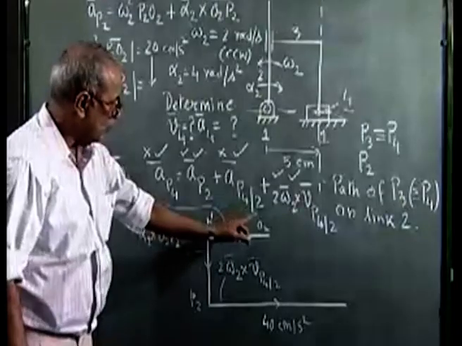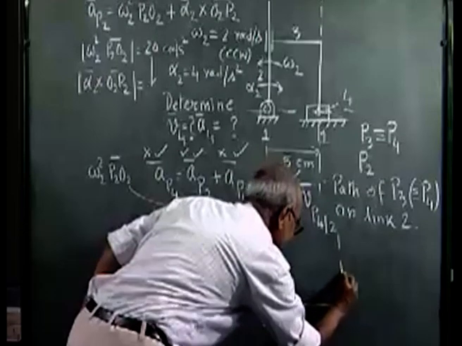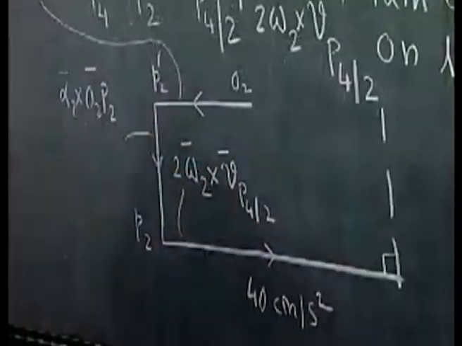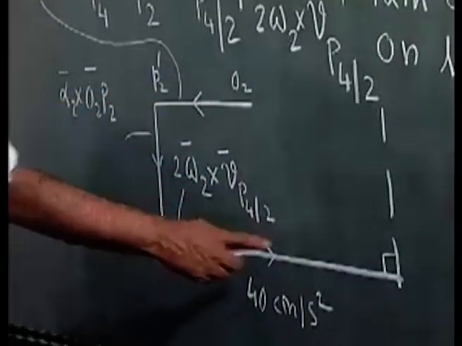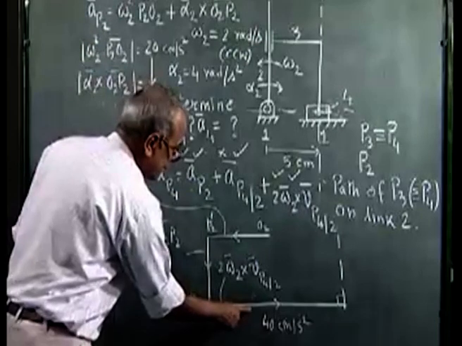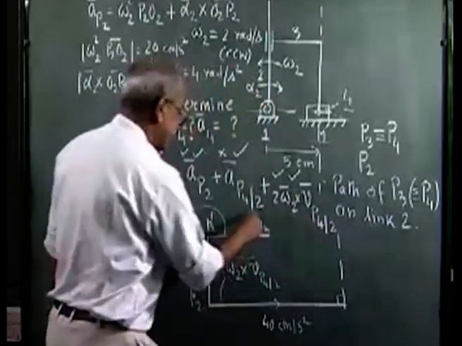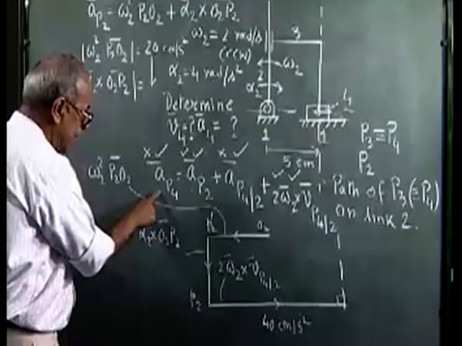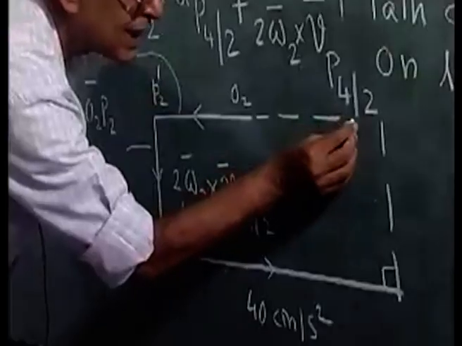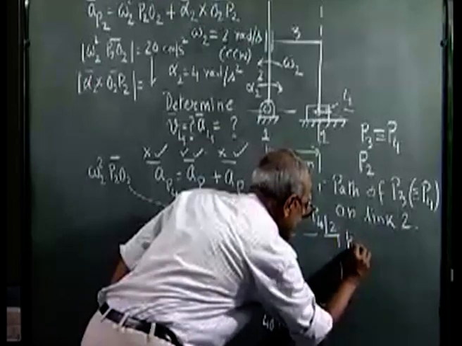And AP42 I know is vertical, so I draw a vertical line through this point. This was horizontal, so it is 90 degrees, and all these three vectors summed over must give me AP4, which is horizontal. So I draw a horizontal line, and wherever they intersect gives me the point P4.